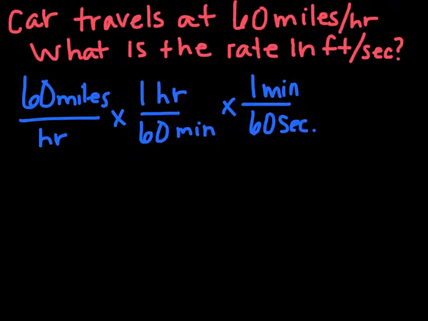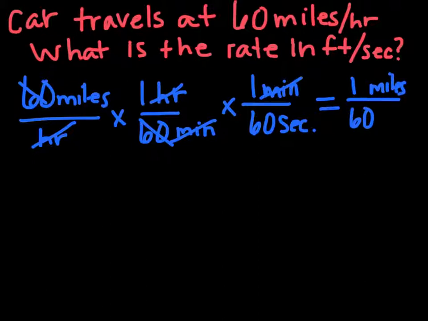Right? Okay. So this is now going to give us an answer in miles per second. And what will that be? It'll be, cross this out, cross multiply this. We keep our miles, our hours cancel, our minutes cancel. We're left with 1/60th miles per second.